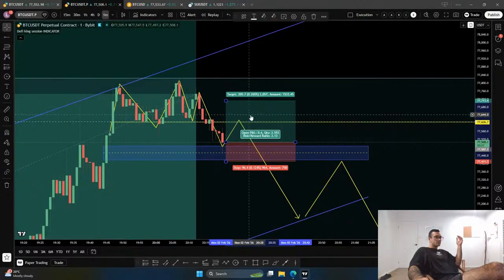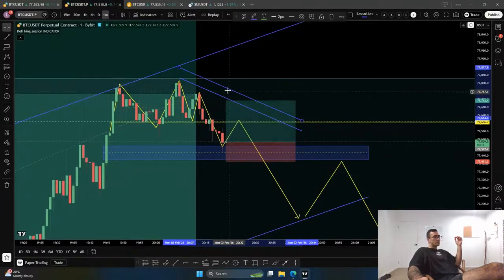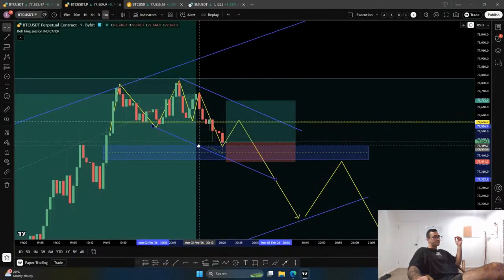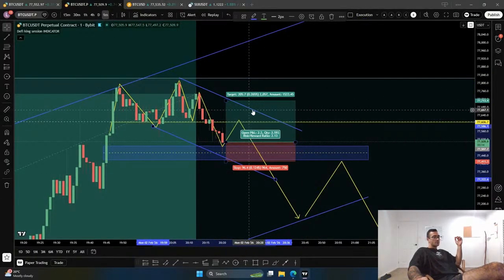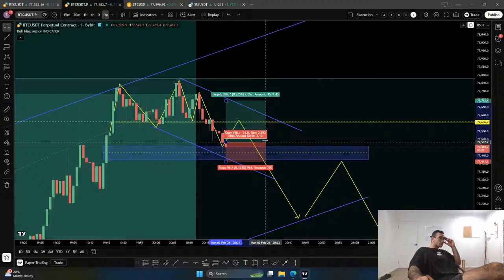Thing is, it could potentially still do that too. We are just creating possibilities right now. Okay, so it could. And then, would that still be the neckline?